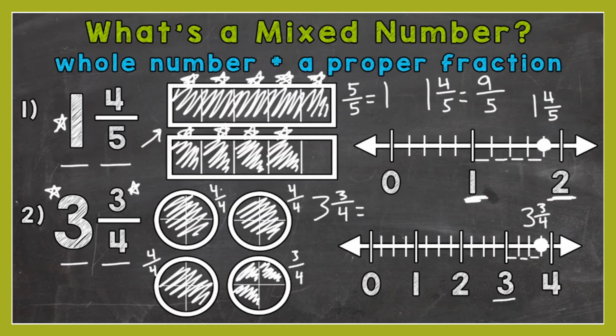So 4, 8, 12, 15/4. So we have 15/4 filled in. So again, those are equivalent. Mixed number 3 3/4 equals 15/4. Just 2 different ways to represent a value. Mixed numbers and improper fractions hold the same value.